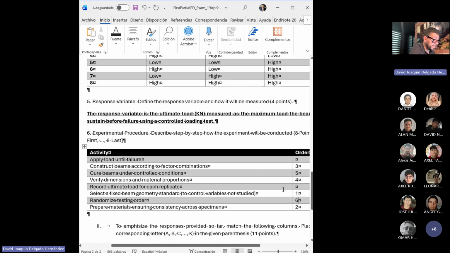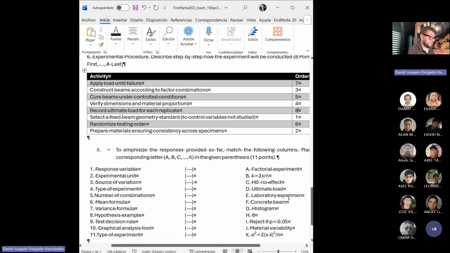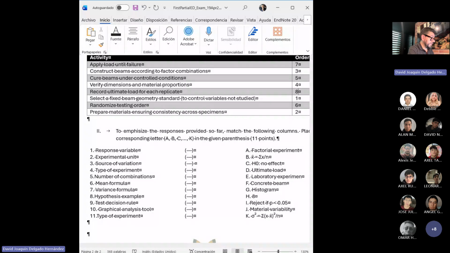Then the seventh is to apply the load until failure. That is the seventh step. And finally, the last step is related to recording the ultimate load for each replicate. Okay, so that was the answer for this sixth question. That is the correct order to carry out this experiment.